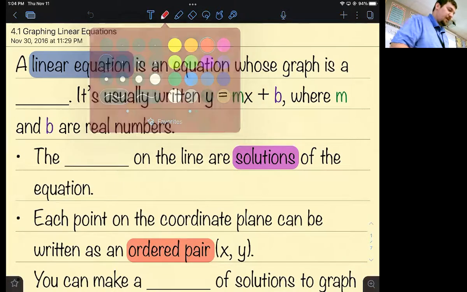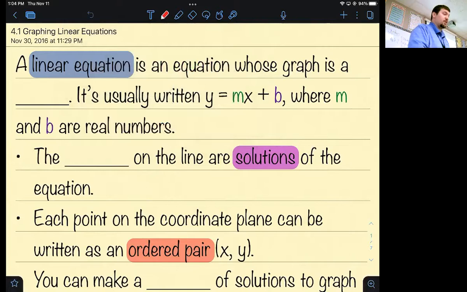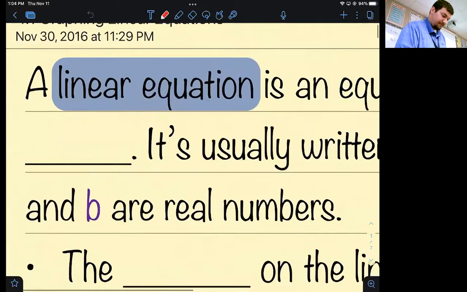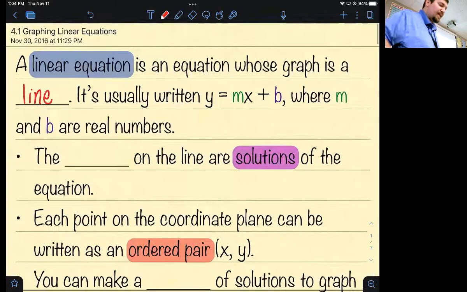Okay. So it's an important chapter, and it's going to start off very basic for you. A linear equation is an equation whose graph is a line. Very basic. It's usually written in the form y equals mx plus b, where m and b are real numbers, which means they exist, like all the numbers that you've ever seen before in your life.